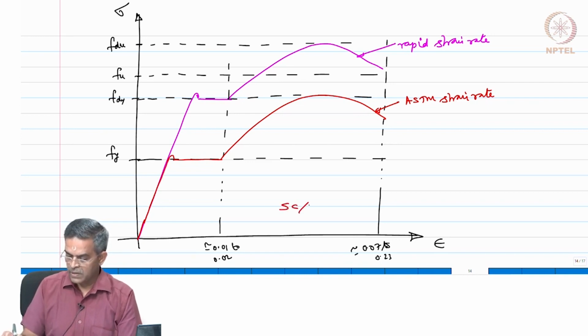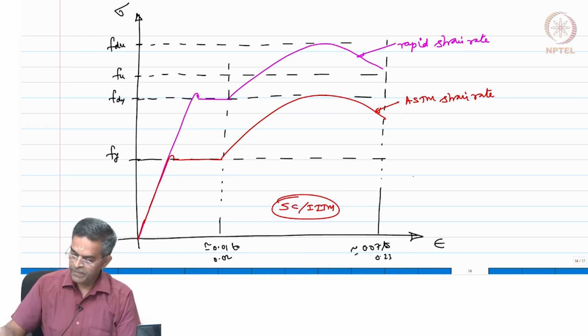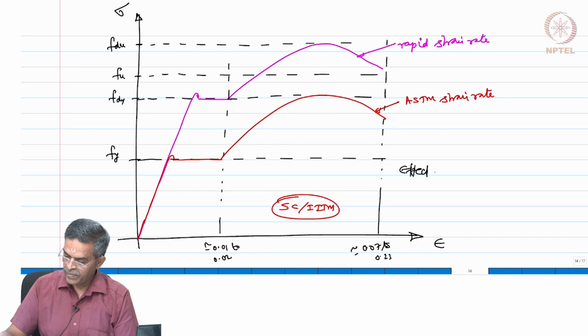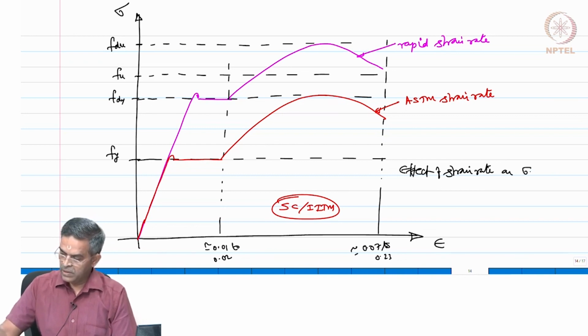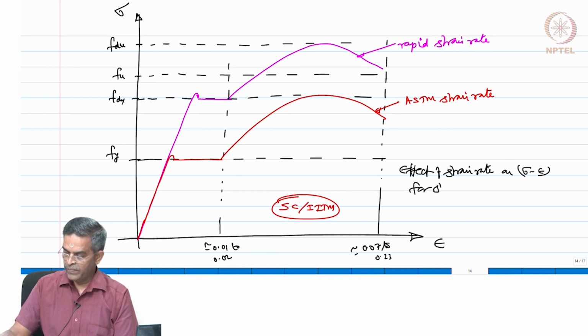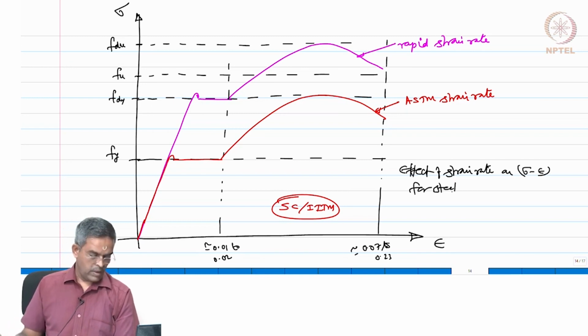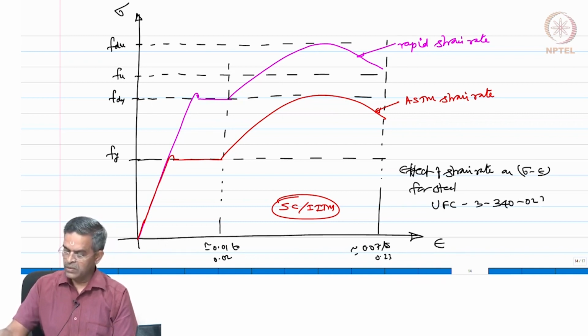This is the curve which is effect of strain rate on stress strain curve for steel according to UFC 340-02.